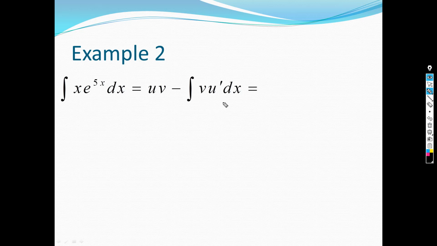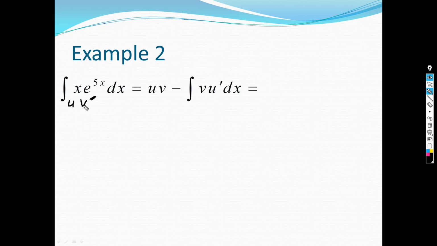And here's your formula. We want to select a u and a v prime from this integrand right here. Okay, so somewhere here we need a u, function of x, and a v prime, function of x. And then once we select our u and our v prime, then from v prime we can find v, hopefully. Again, remember that u, we want it to be something that you can differentiate or take the derivative easily.